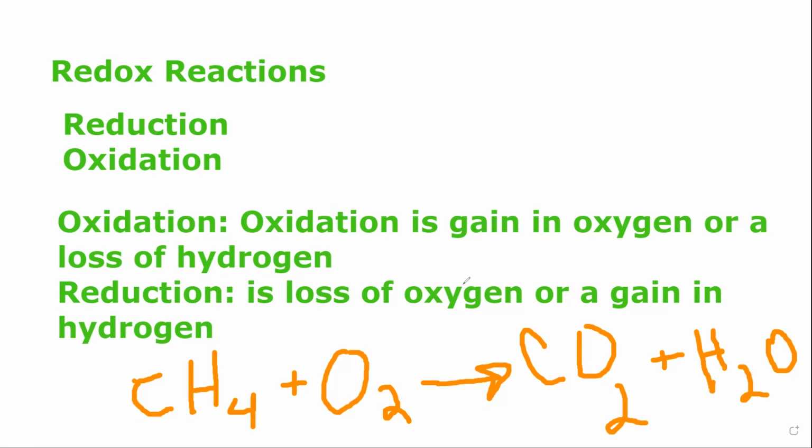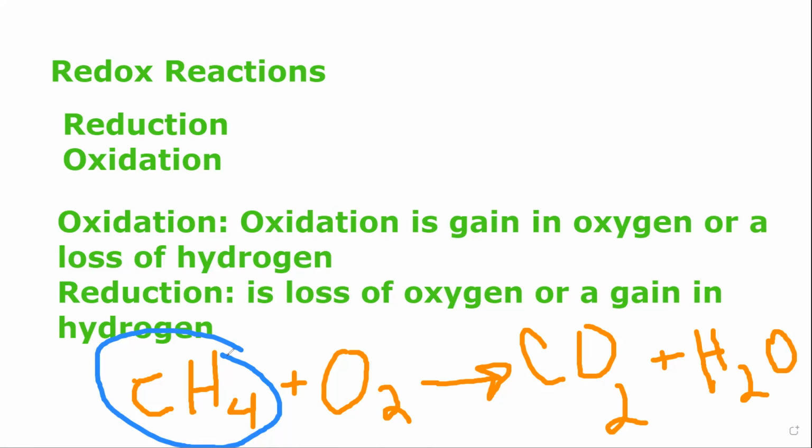Alternatively, you can think of methane as losing hydrogen, which is again oxidation. Initially, in methane, this carbon was linked with four hydrogen atoms. So it lost four hydrogen atoms and it gained oxygen.